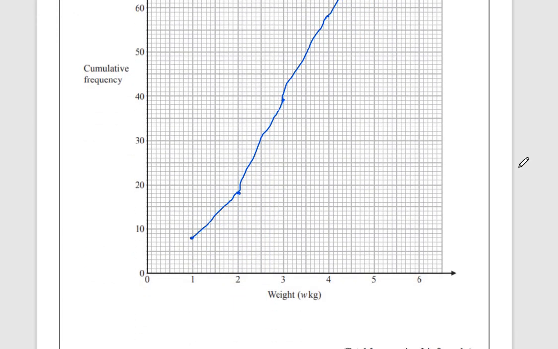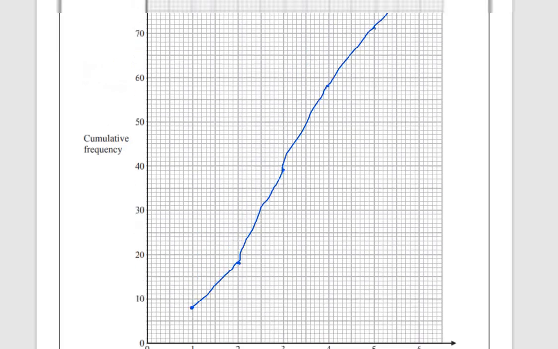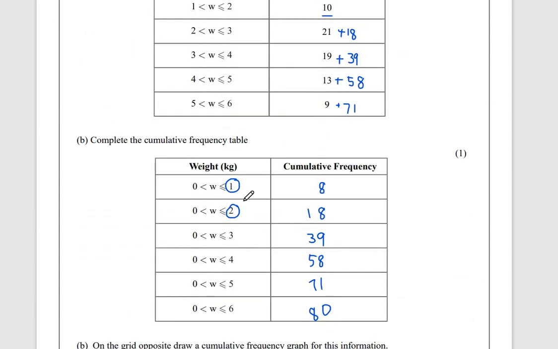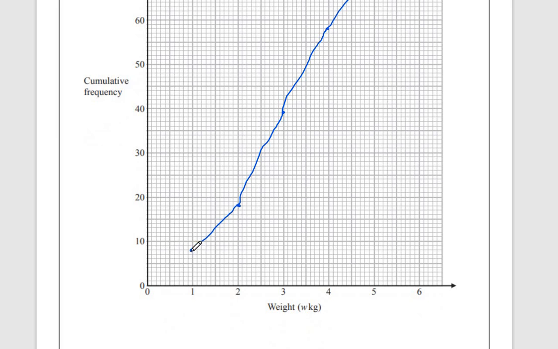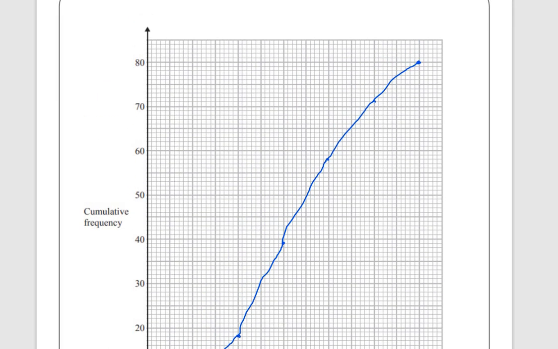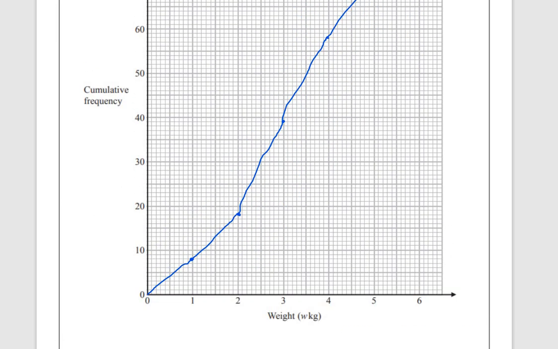And also, you need to look at your lower range of the first data, the lower limit of your first range actually, which is 0, and you need to join this first dot to that point, the 0. So this is your cumulative frequency graph.